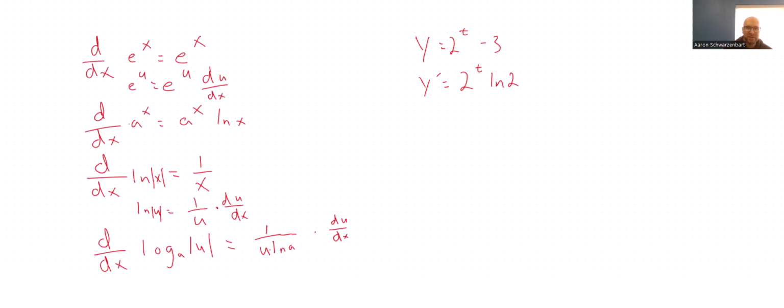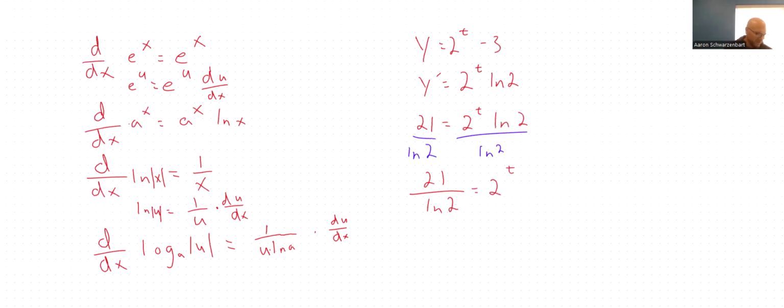So then I end up with, I'm asked, where does it equal 21? So where's y prime 21? I'm then going to solve this equation for t. I'll divide both sides by ln 2, giving me 21 over ln 2 equals 2 to the t.